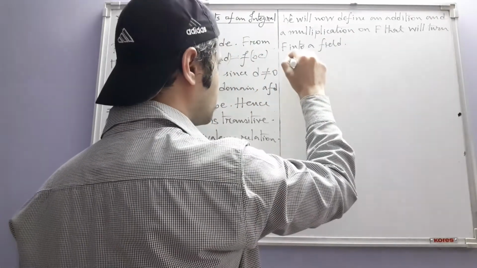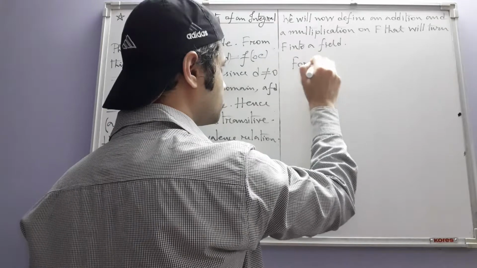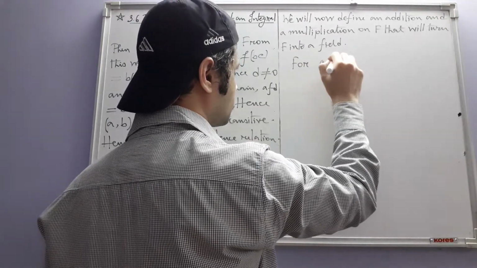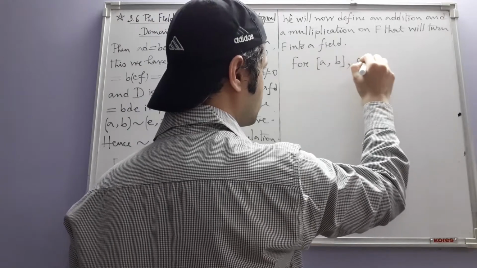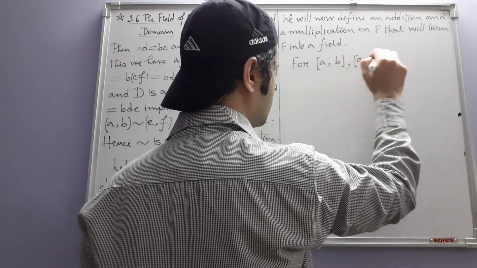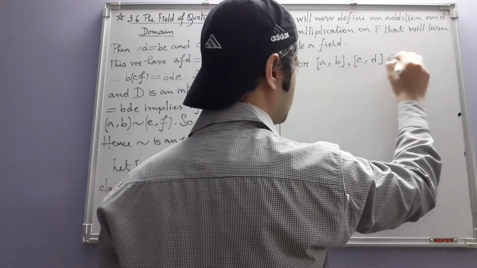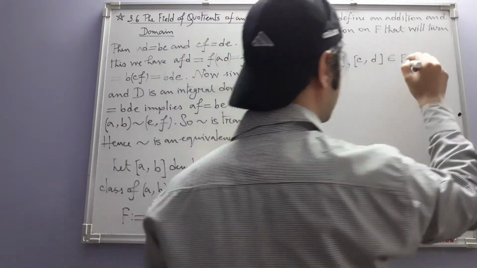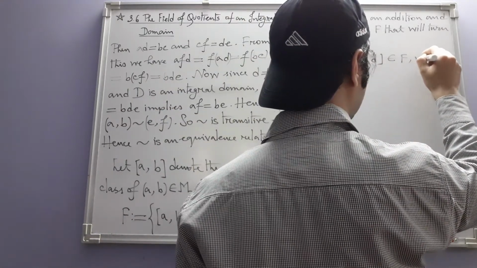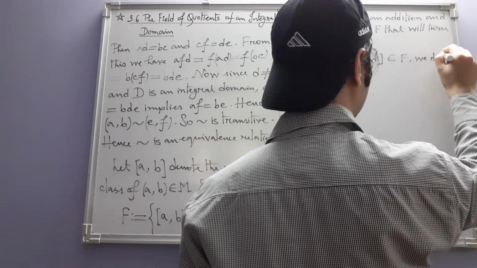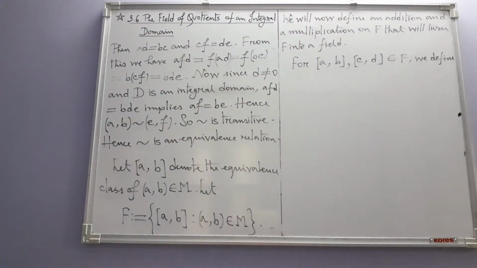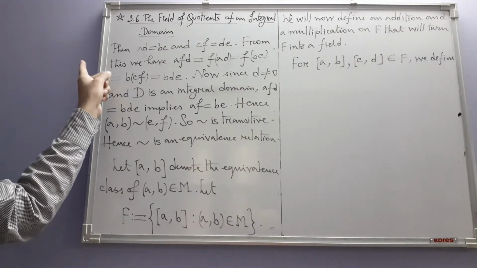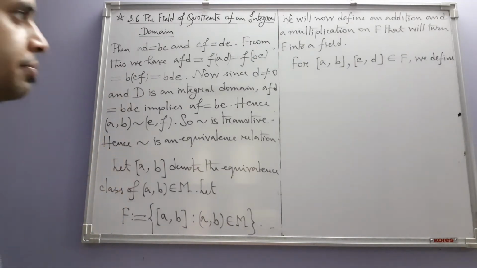Okay. For elements belonging to F, we define, see, in defining addition and multiplication, we will take our cue from the discussion that we had in the beginning.